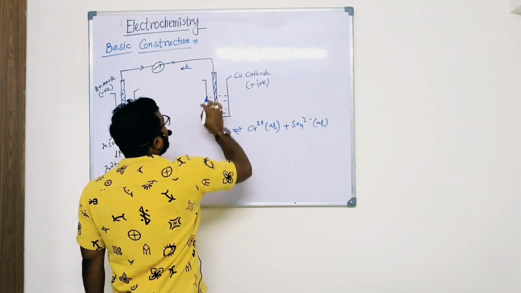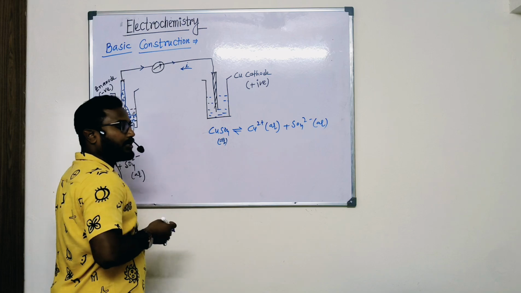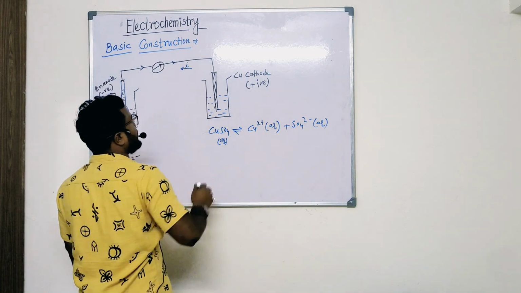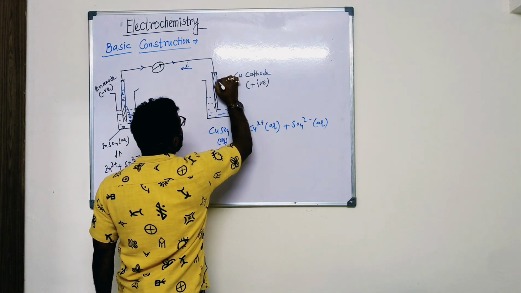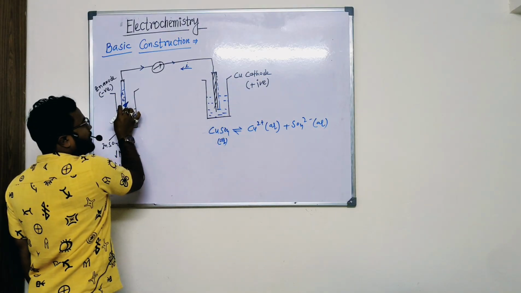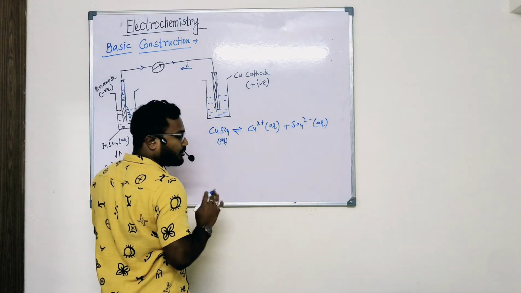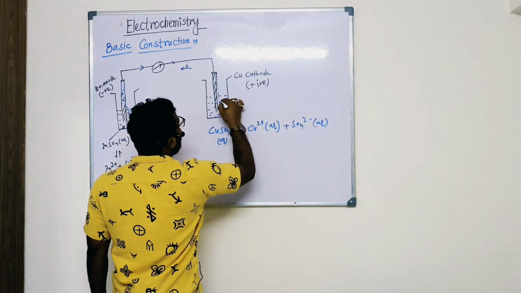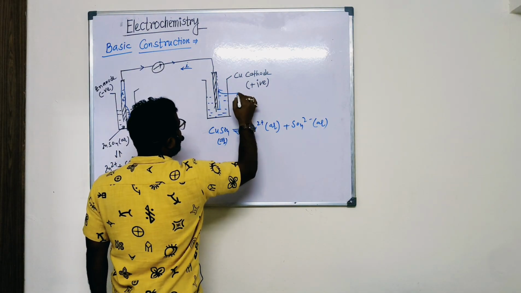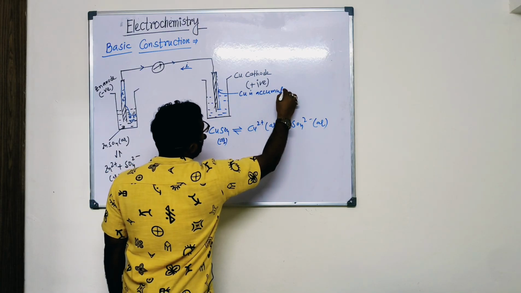In case of copper, what happens? These electrons are accumulated here. As a result, accumulation happens and this becomes thicker and this becomes thinner. Here Cu2+ adds 2 electrons and copper is accumulated.